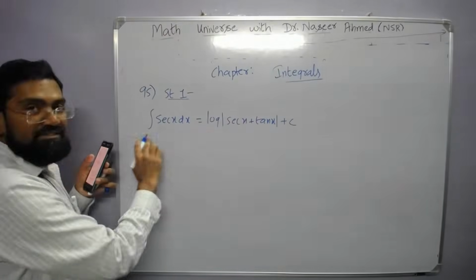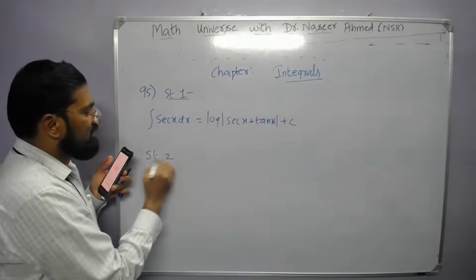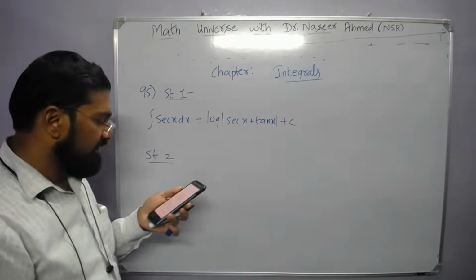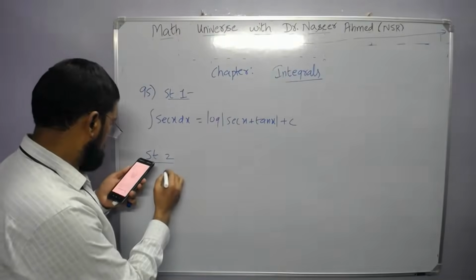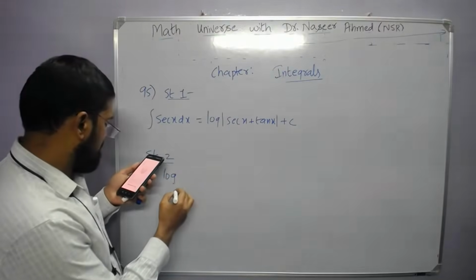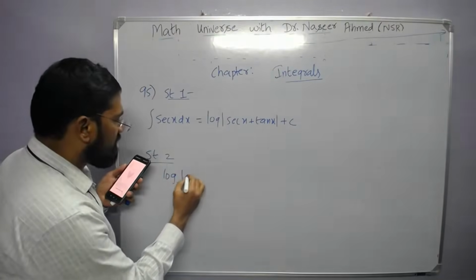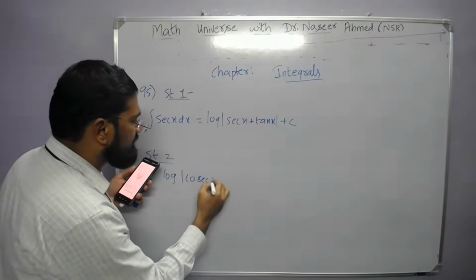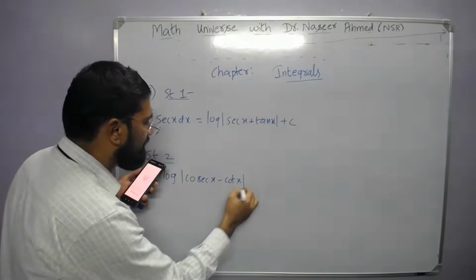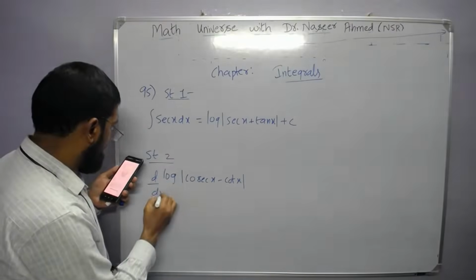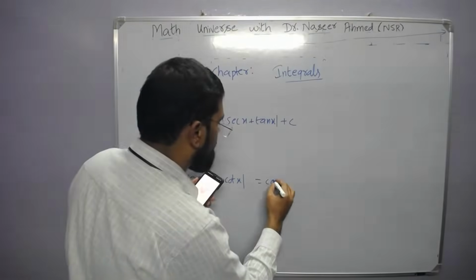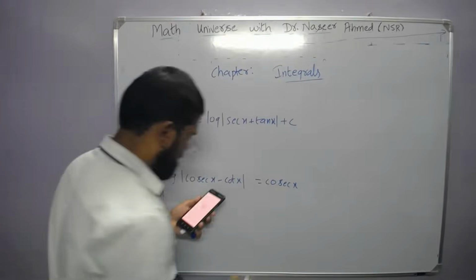Statement number 2. They gave it in statement form, I wrote it in mathematical form. The derivative of log of cosecant x minus cot x is cosecant x.